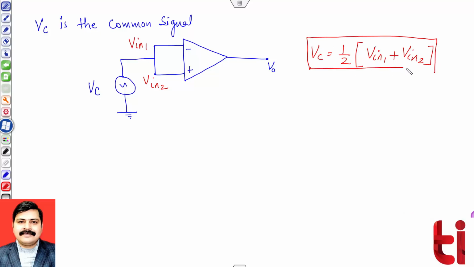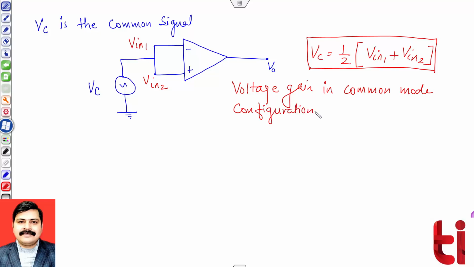At the same time, the voltage gain in common mode configuration will be equal to ACM, where ACM represents the common mode voltage gain.